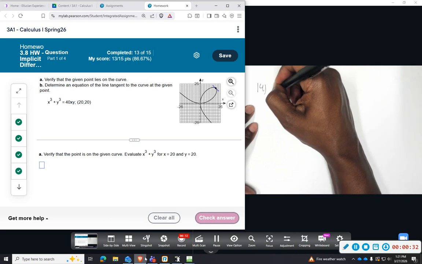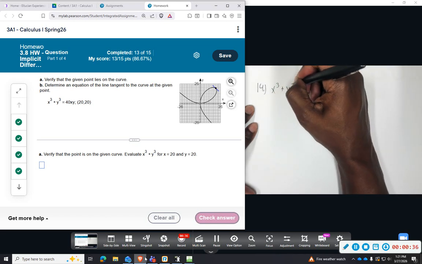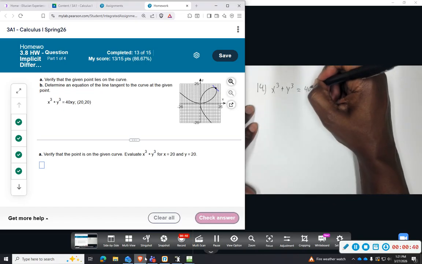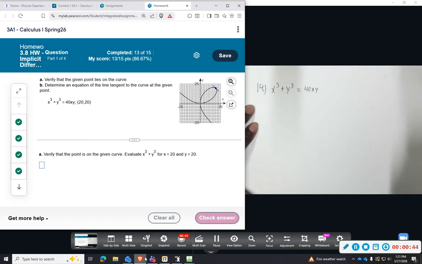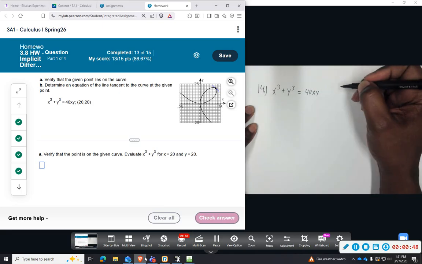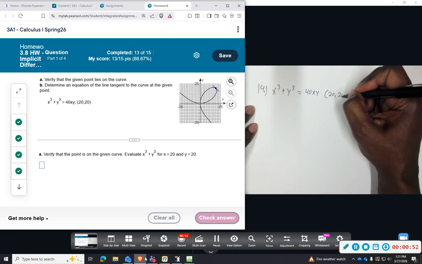We have x cubed plus y cubed equals 40xy. And then we're just focusing on the left side. We're going to plug in 20 to give us the ordered pair 20, 20.